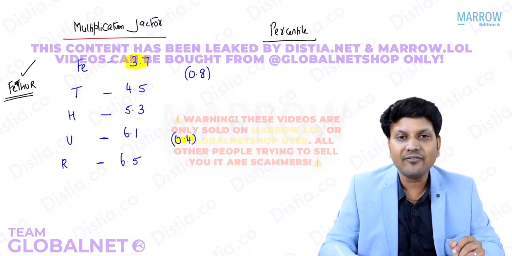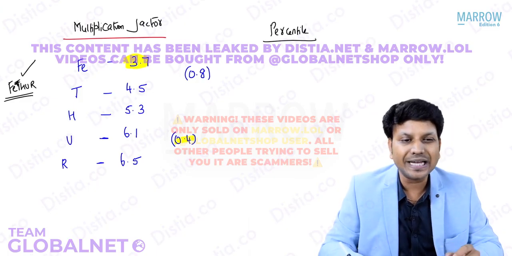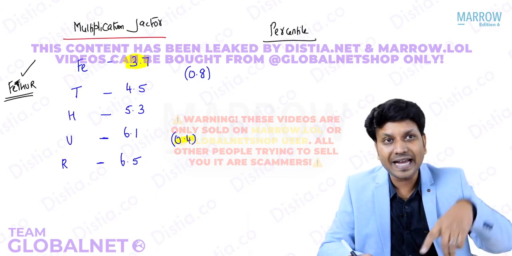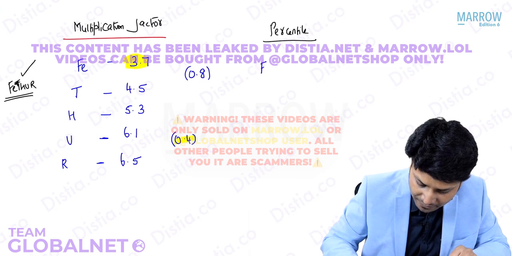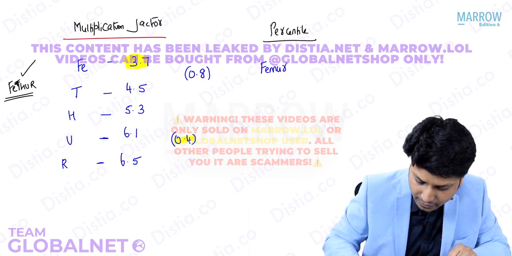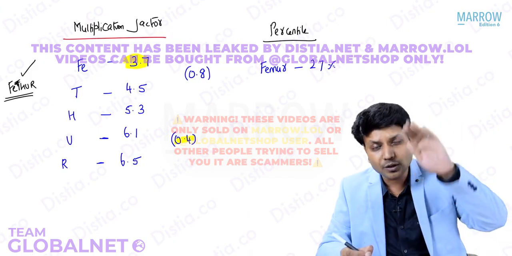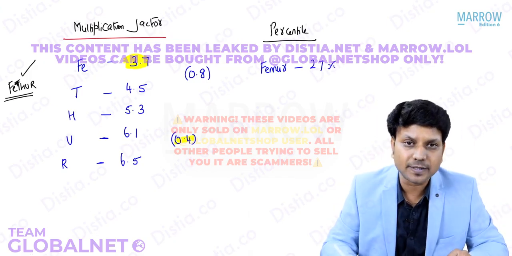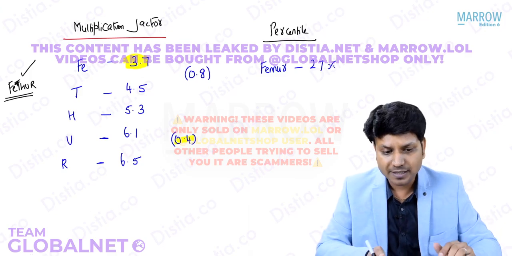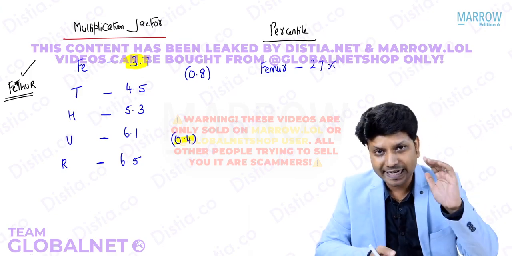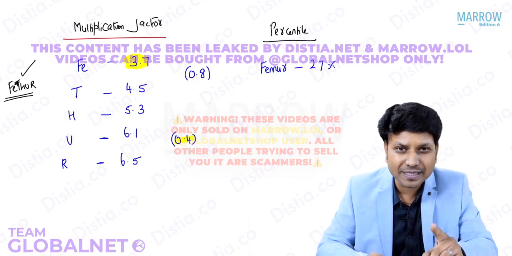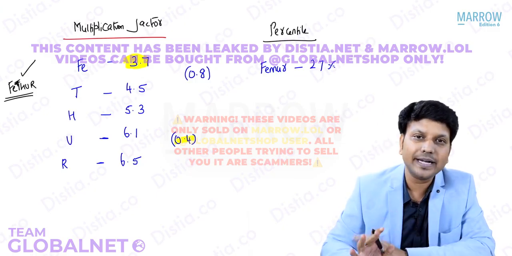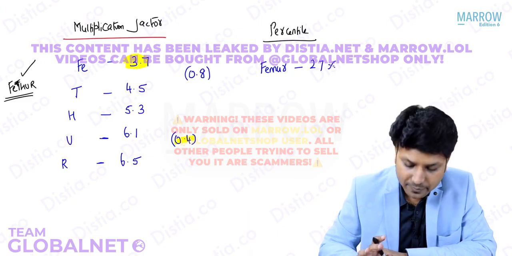How? Because every bone will be contributing a certain percentage of the height of the person. Say for example, if it is femur, the entire length of femur will correspond to 27% of the total height of the person, total stature of the person, right? If the person's stature is 100 centimeter, out of the 100 centimeter, 27% is given only by femur, right?